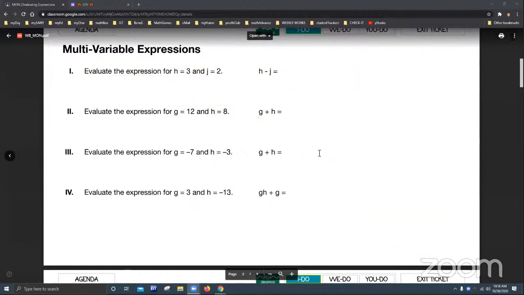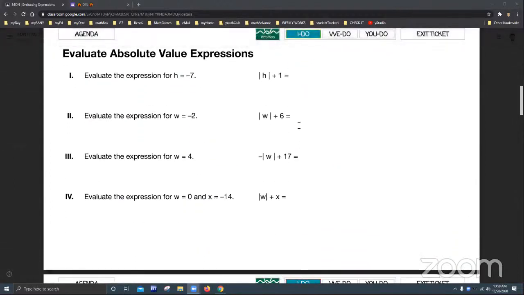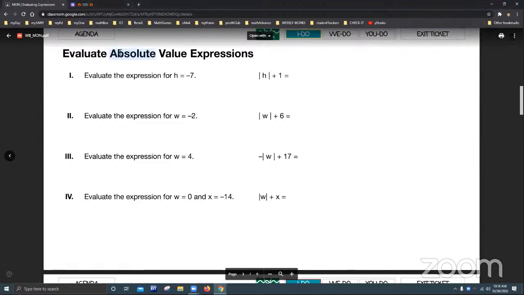Okay, so on the next slide, this is another one. If you guys remember the absolute value, sometimes absolute value bars may come into expressions, and the meaning of absolute value is the same thing. What it does is make everything positive, whatever you see inside of those absolute value bars. For example, let me show you in the samples on this slide. The first one says if H is equal to negative 7.